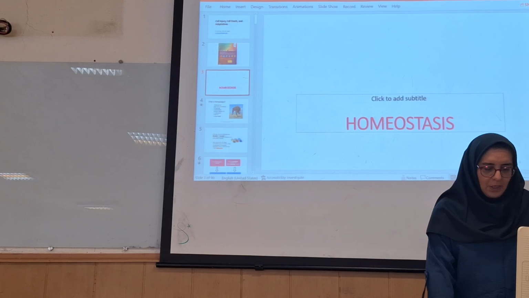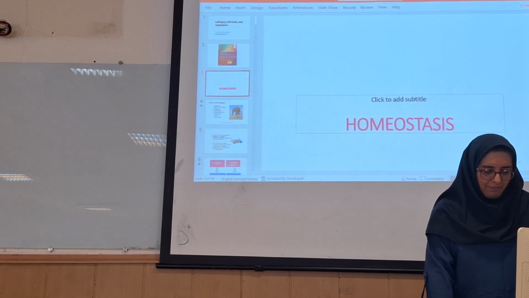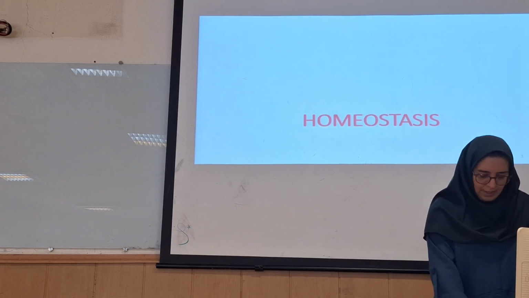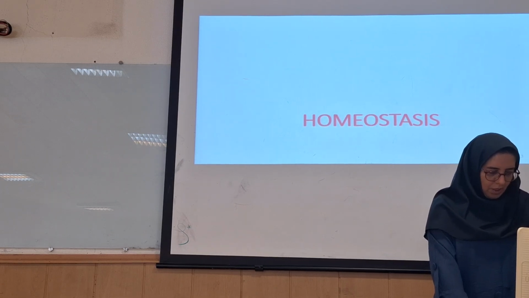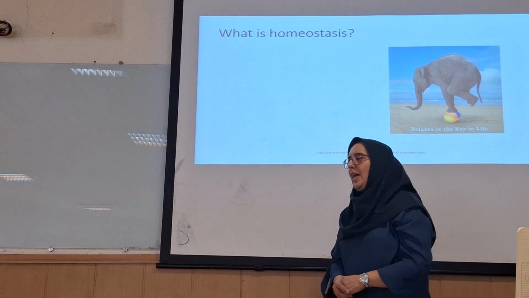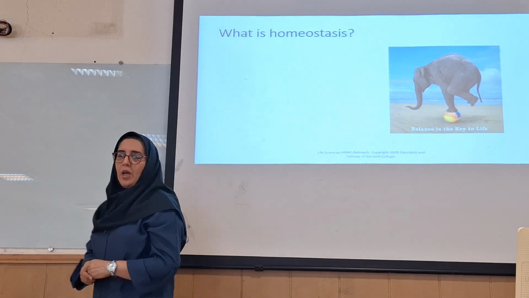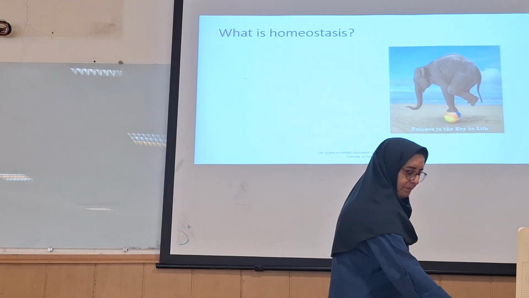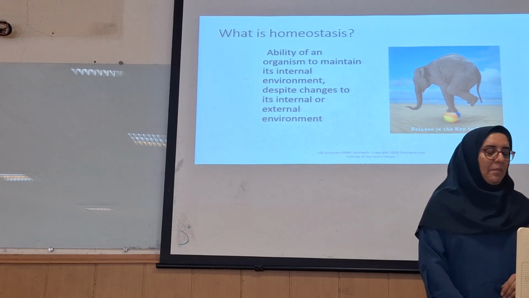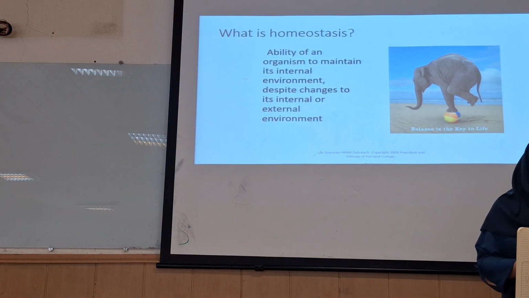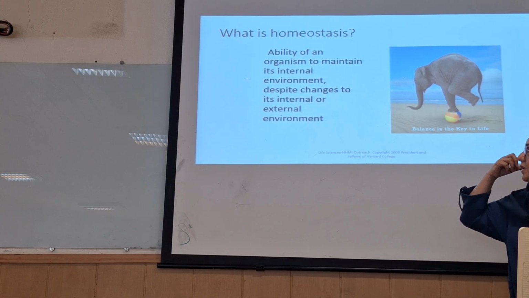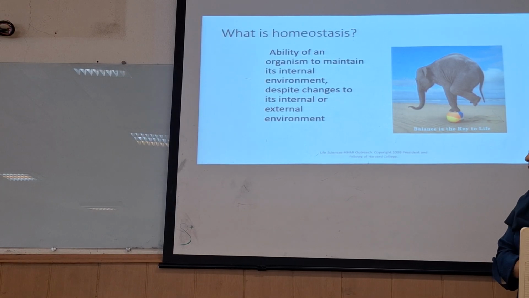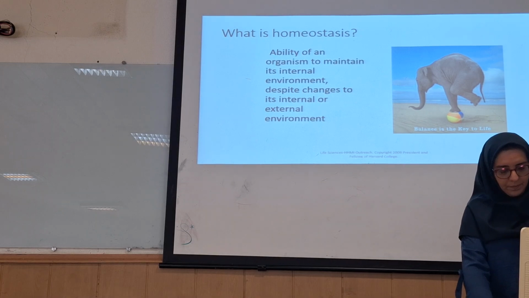First, we discuss homeostasis. They may ask you to define homeostasis. A healthy cell has a homeostatic state, but when we define homeostasis, it is the ability of an organism to maintain its internal environment constant despite changes in the internal and external environment.